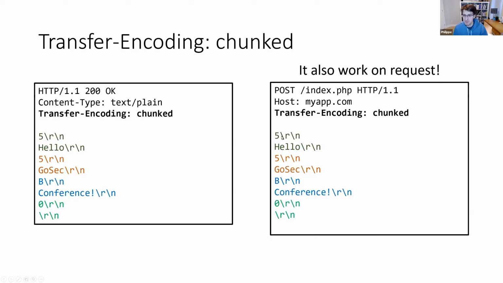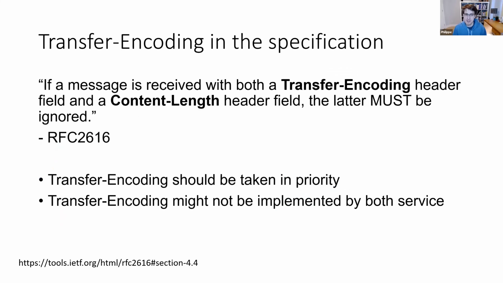So for requests, I'm posting to maybe a login page or index.php, and the content of the POST data can be in multiple parts. The reason it can create some confusion is that suddenly we have two ways to define the same feature. We can have a Content-Length and Transfer-Encoding at the same time, and both are describing the length of our body section.